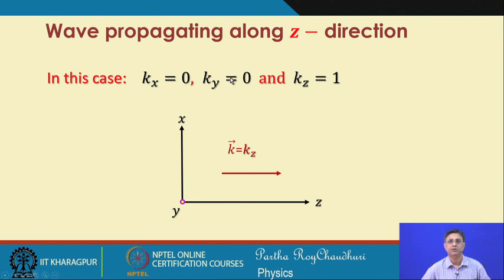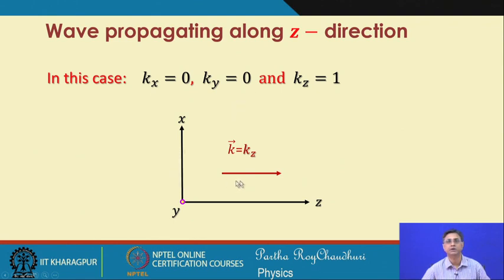When the wave is propagating along the z direction, then k z is equal to 1, the only component which survives, because there is no component k x or k y; both are equal to 0.